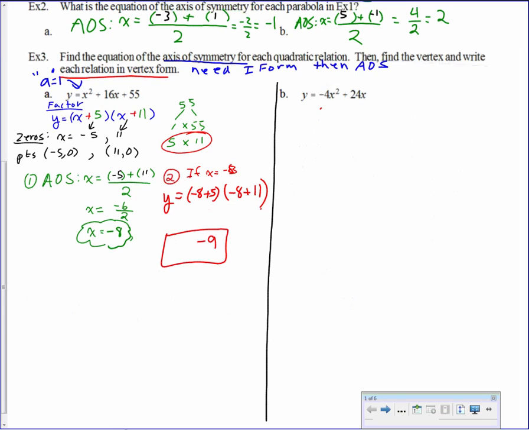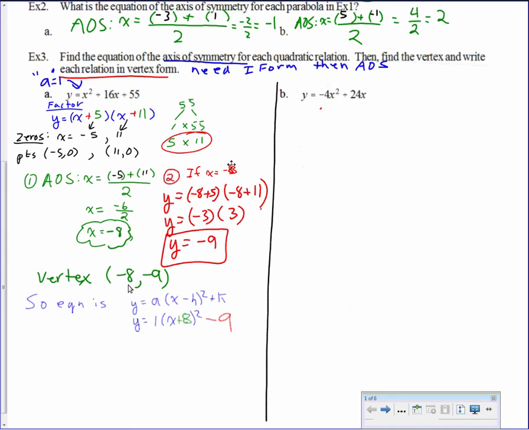Okay? Alright. And in this case, we end up with negative 9. Alright, so the vertex is negative 8, negative 9. So now they've asked us to go and calculate the vertex form. Now remember, the original equation was 1x squared plus 16x plus 55.